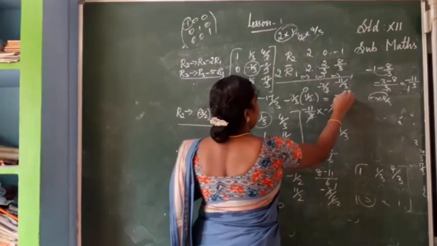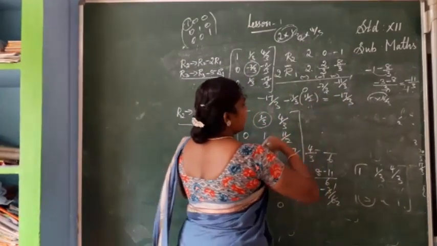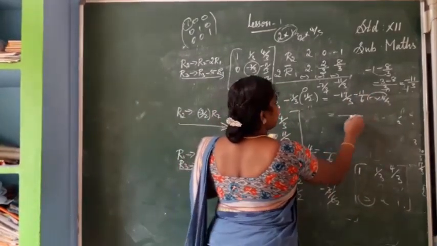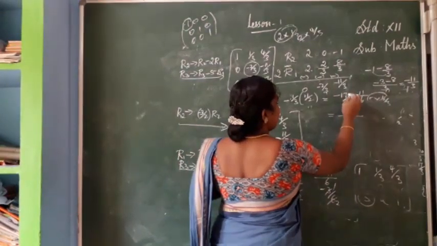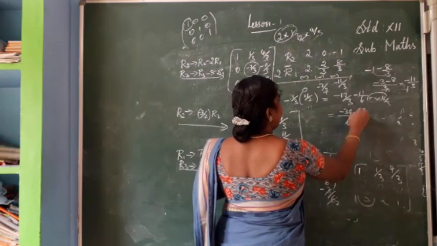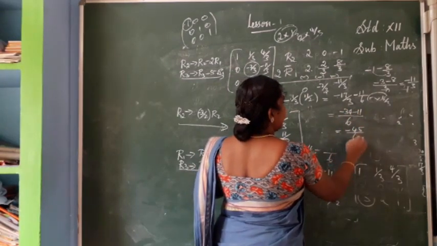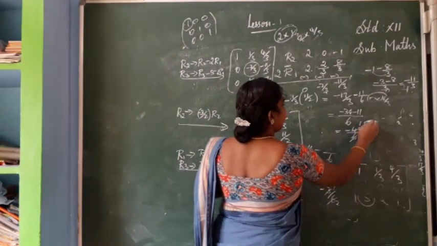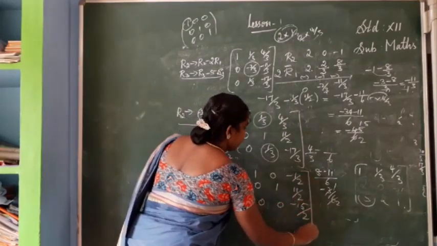So minus 17 by 3 minus 11 by 6. Take LCM, LCM is 6. Here you multiply by 2: 2 into 17, minus 34, minus 11. So you get minus 45 by 6. You cannot simplify here, so 2 3s are 6, 1 3 is 3, 5 3s are 15. So minus 15 by 2.